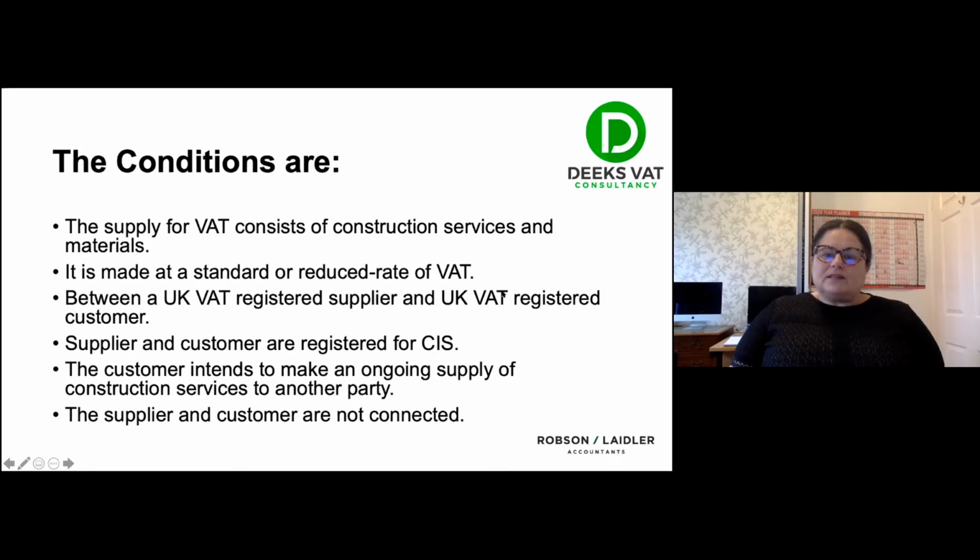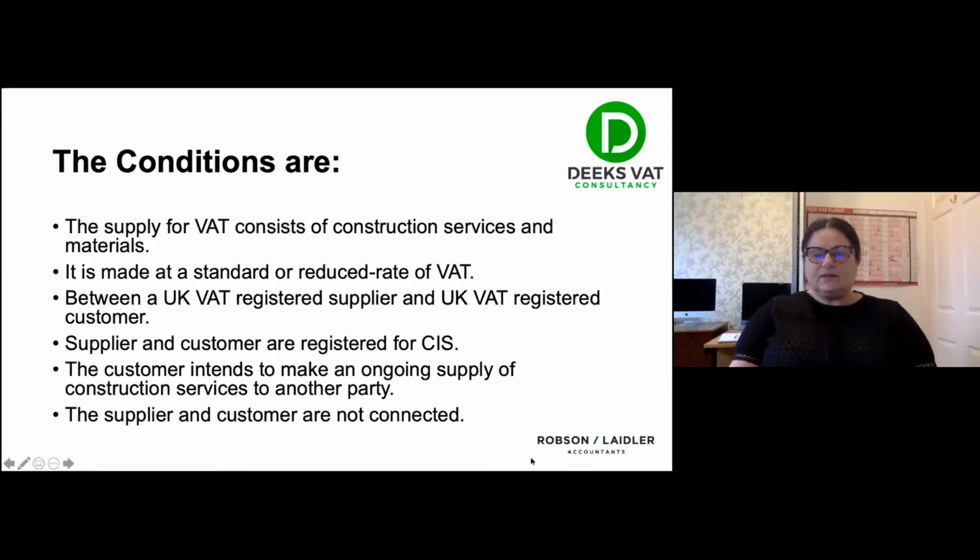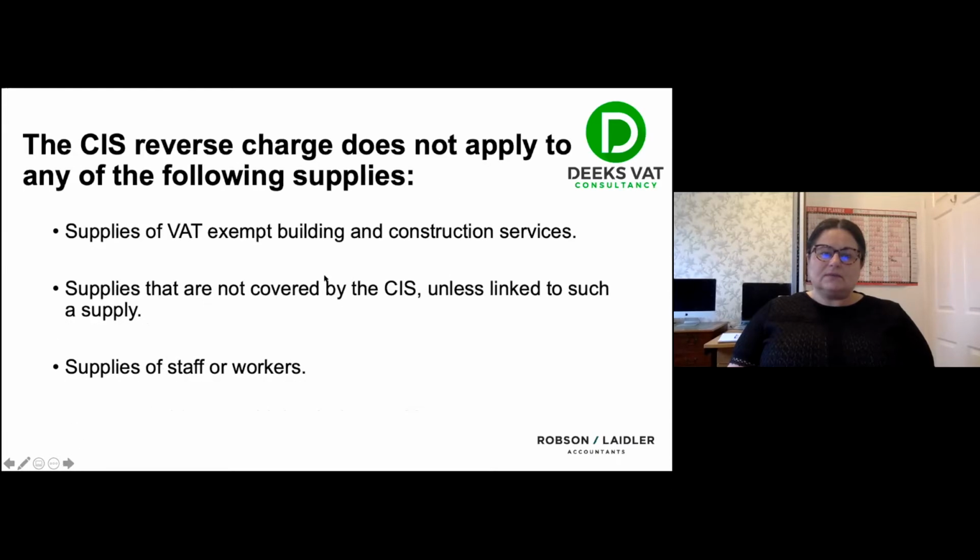The two parties involved must both be VAT registered, and the supplier and the customer will both be registered for the CIS scheme. The customer intends to make ongoing supplies of construction services to another party, and the supplier and the customer are not connected. Providing all those conditions are met, then you would be falling in with the Construction Industry Reverse Charge scheme.